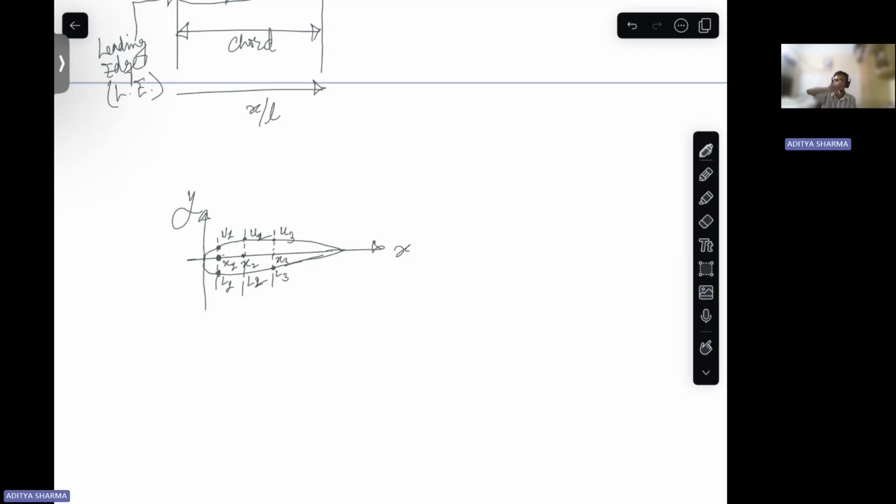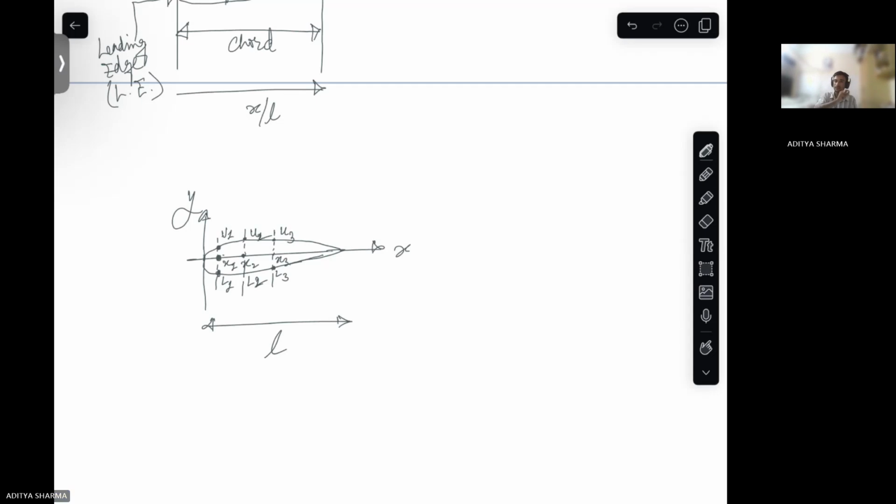So this way, all the points, if you consider on the x-axis up to your chord length, you'll have one dotted line. In case of a symmetric airfoil, this camber line, this dotted line, will be on the x-axis.